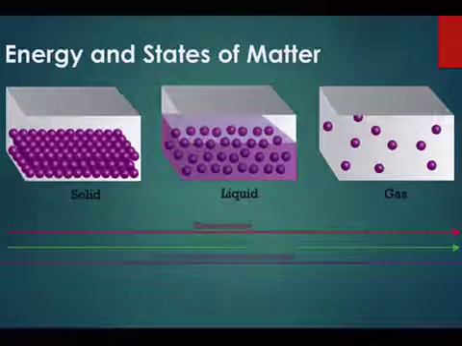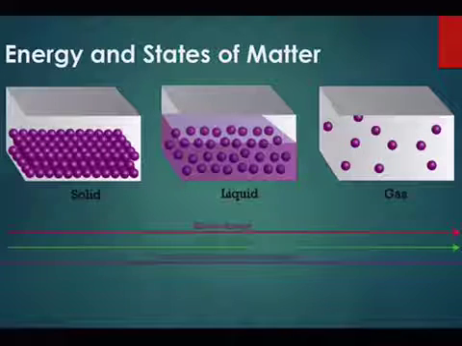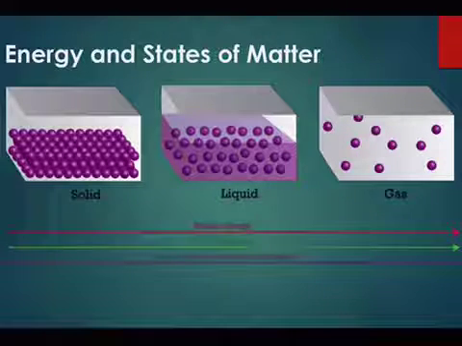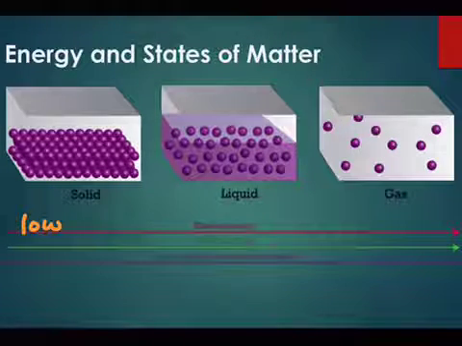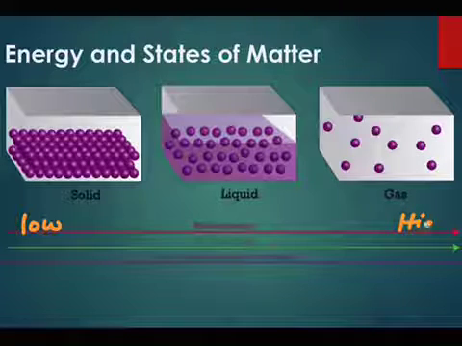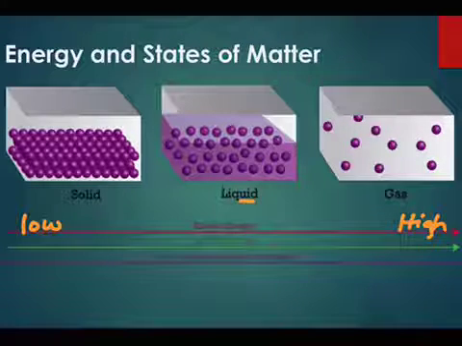This diagram gives you an image. As we move to the right, our kinetic energy is increasing, and so is particle motion. Solids have very low kinetic energy, gases have very high kinetic energy, and liquids are right there in the middle.